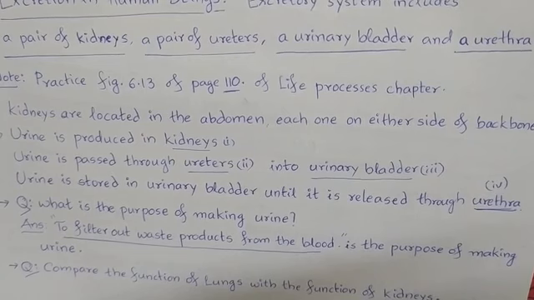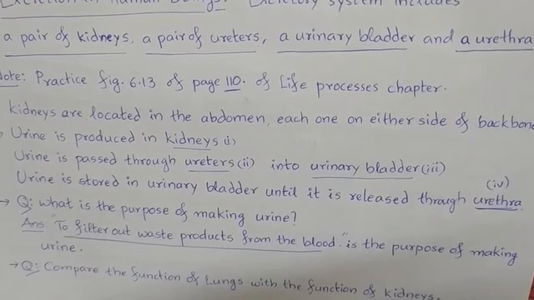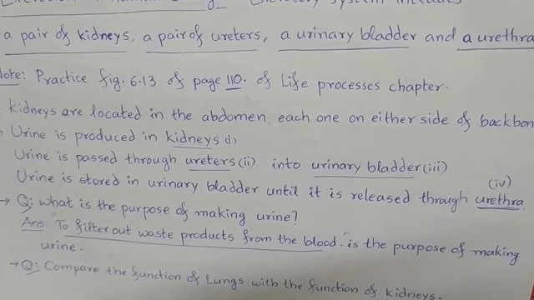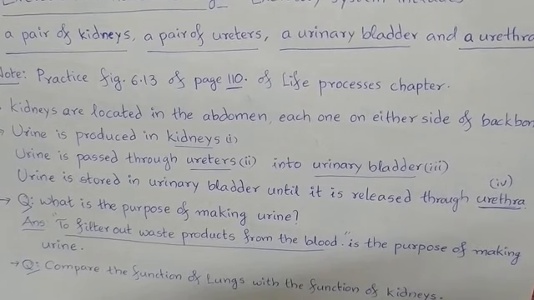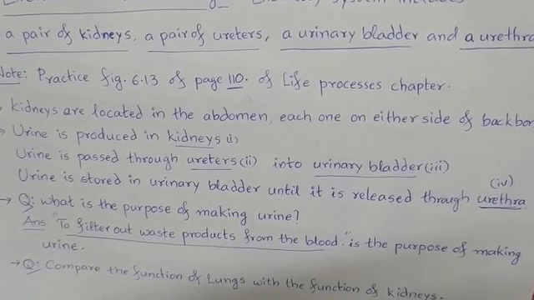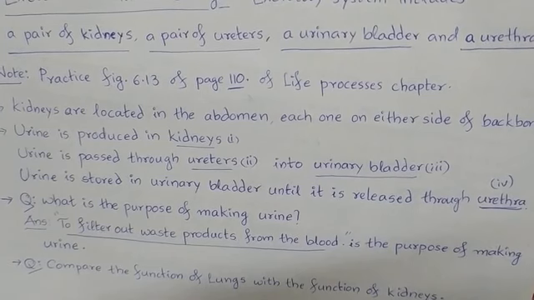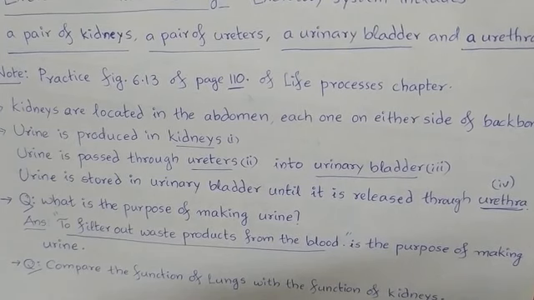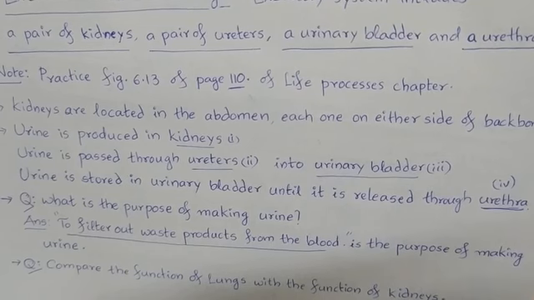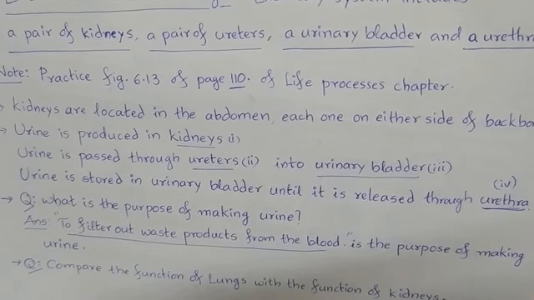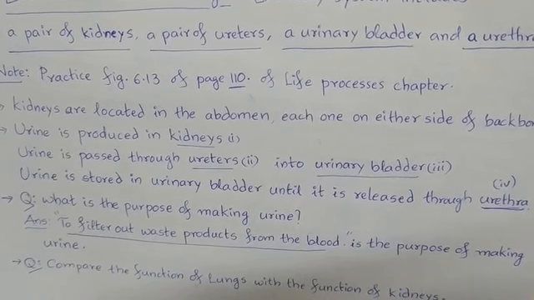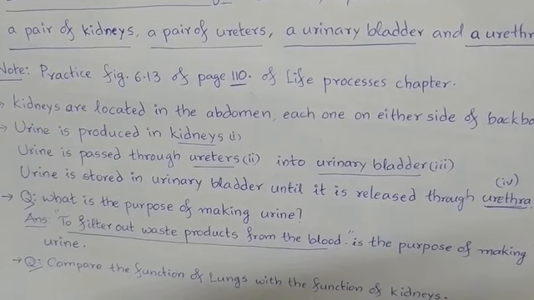Okay. What is the purpose of making urine? The purpose of making urine is to filter out waste products from the blood. By various metabolic processes, many waste products are generated in the cells.